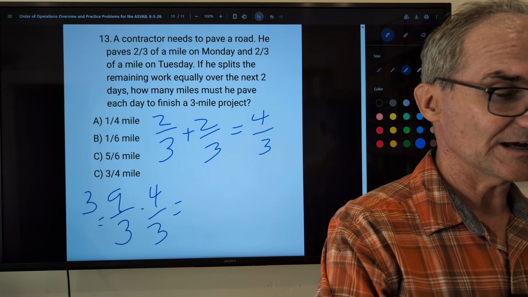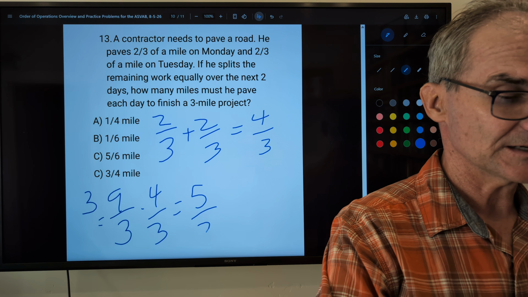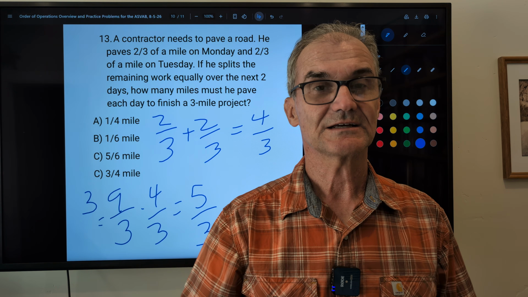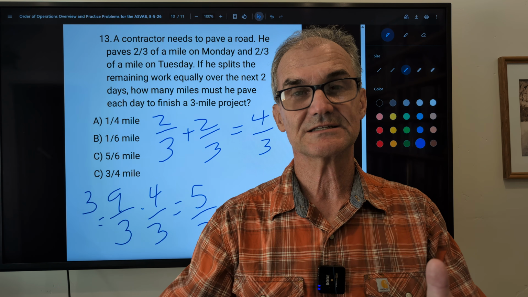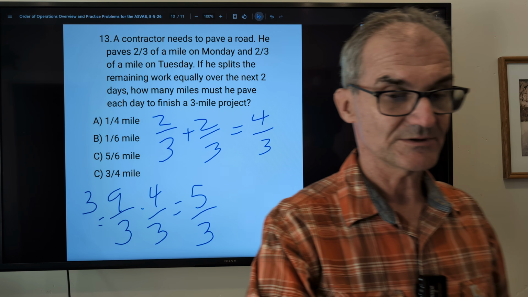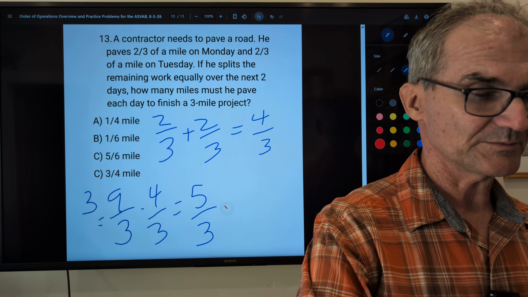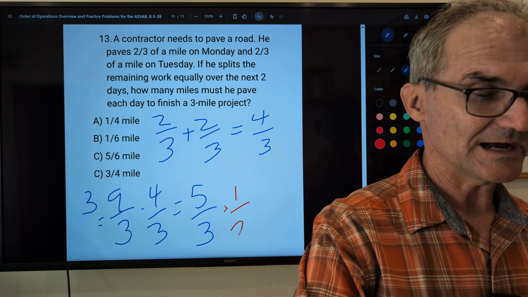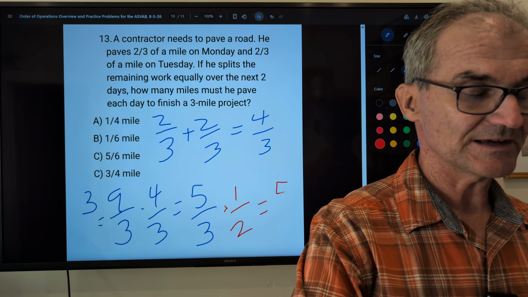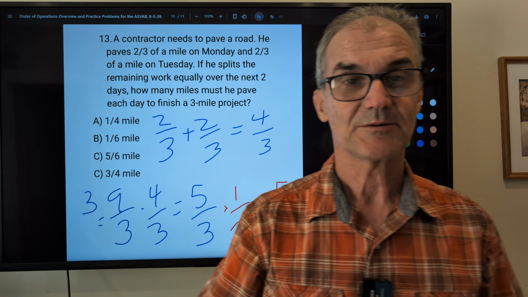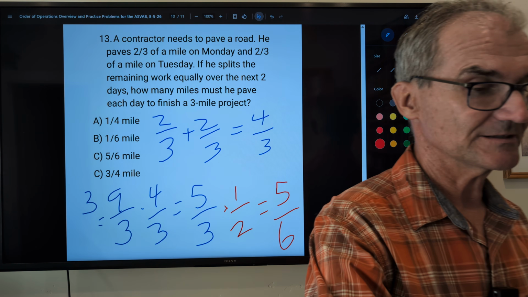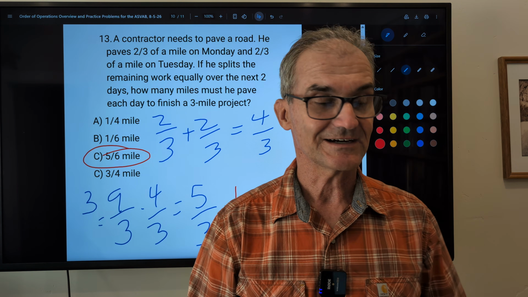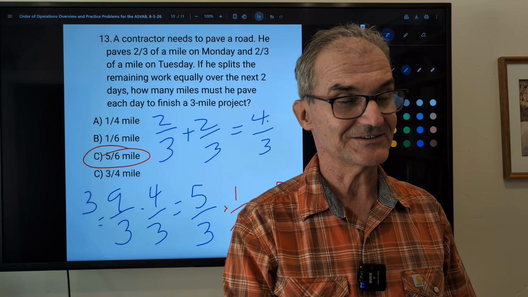So he has 5/3 of the project to do. Need to cut that into 2 equal days. So divide by 2, which is the same thing as multiply by a half. So he's got to do 5/6 of a mile per day. Correct answer, answer C right there. Not an easy one, but not too hard.